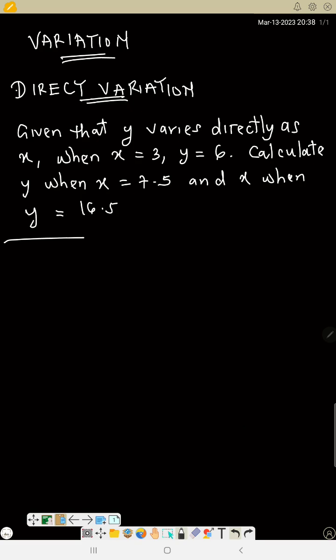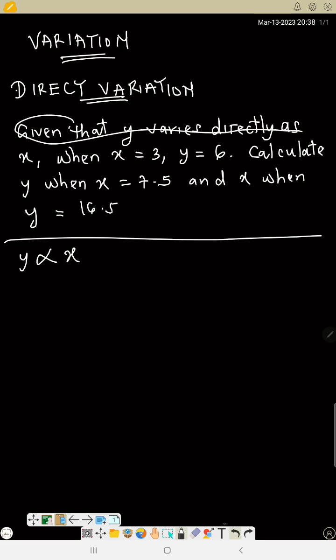Based on the question, y varies directly as x. This is the interpretation. You change that proportionality sign to k, so y equals kx, where k is a constant.